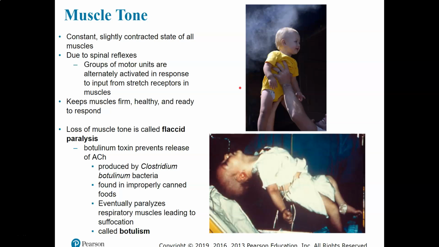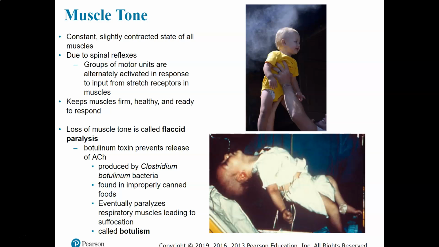Even when we're not actively doing anything, we still maintain some amount of tension in our muscles. This is called muscle tone, and this is in part going to be due to spinal reflexes. Remember, one of the things that we can do is we can measure the amount of stretch in our joints, and we have spinal reflexes that make sure that that amount of stretch adds up to the point where we are keeping ourselves upright.